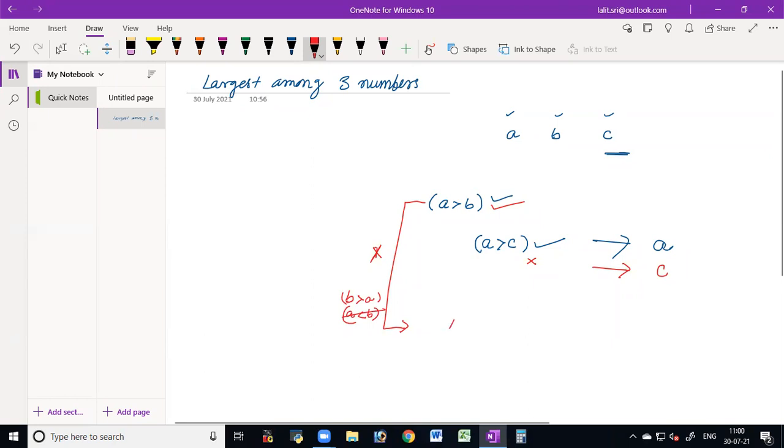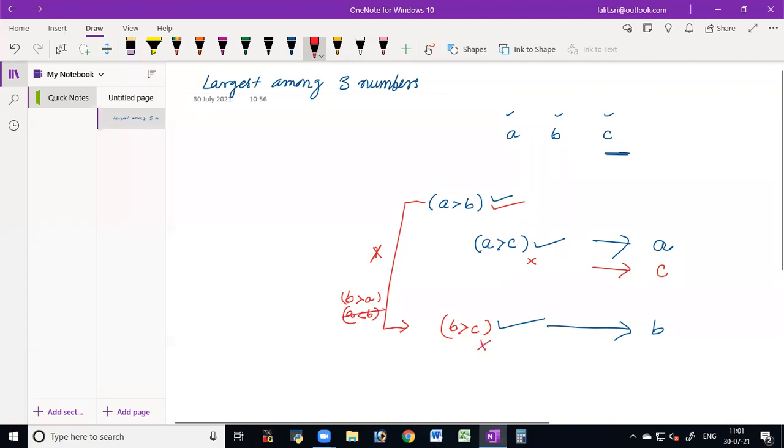Yes, sir. Then we have to check B greater than C. If it is true, then B is greater than A as well as greater than C. So B will be the greatest one. Suppose this one becomes false.